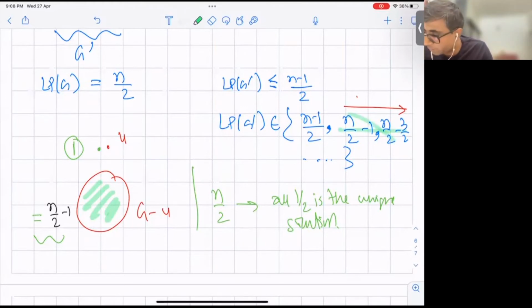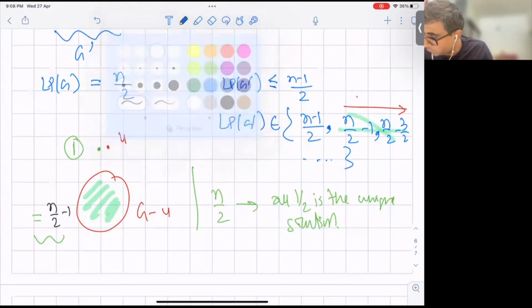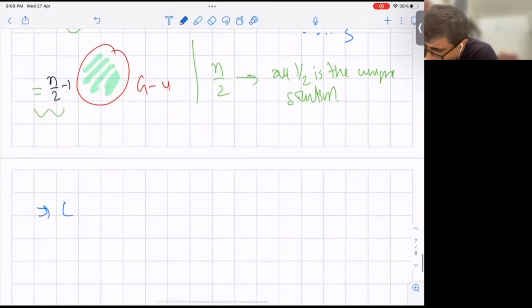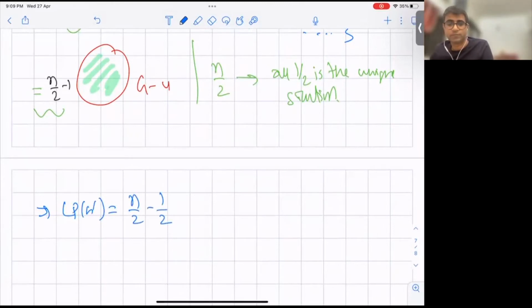This implies LP of G prime is actually this.